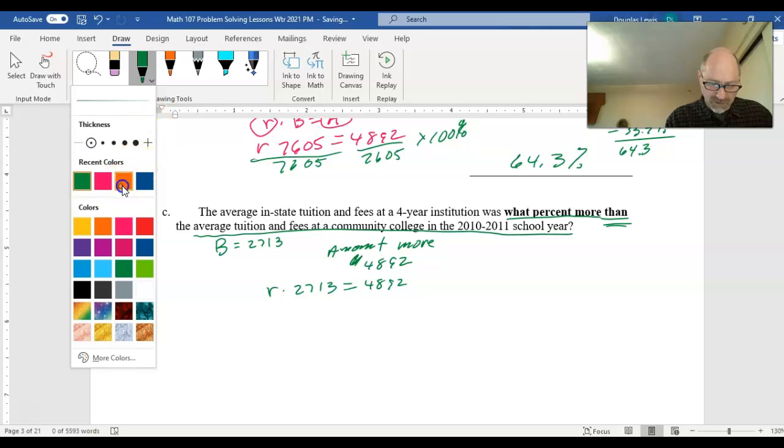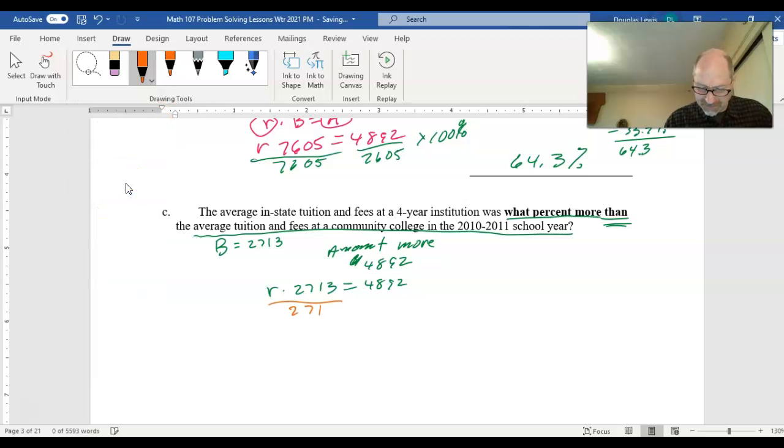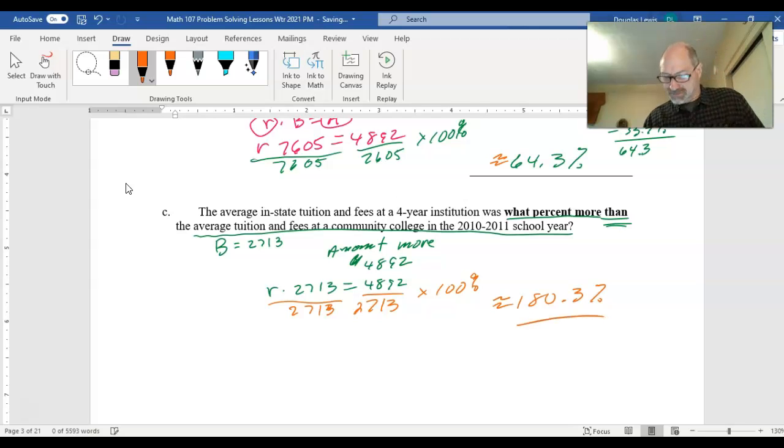And now when you solve for that, we divide by 2713, and of course multiply by 100%. And so we get 48.92 divided by 2713 times 100 percent. That gives me 180.3% approximately. Okay, so that's how you'd find those. Pretty straightforward.